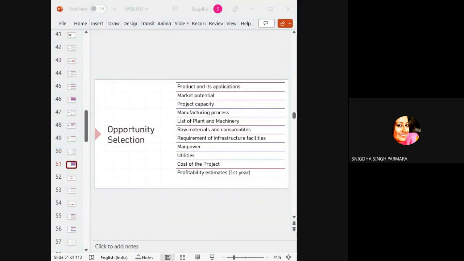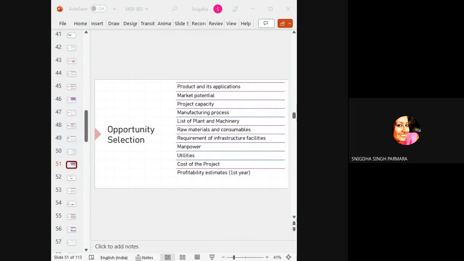And finally, opportunity selection. This is the last step, wherein on the basis of feasibility study, on the basis of how profitable a particular idea or opportunity can be, you select an opportunity for yourself.